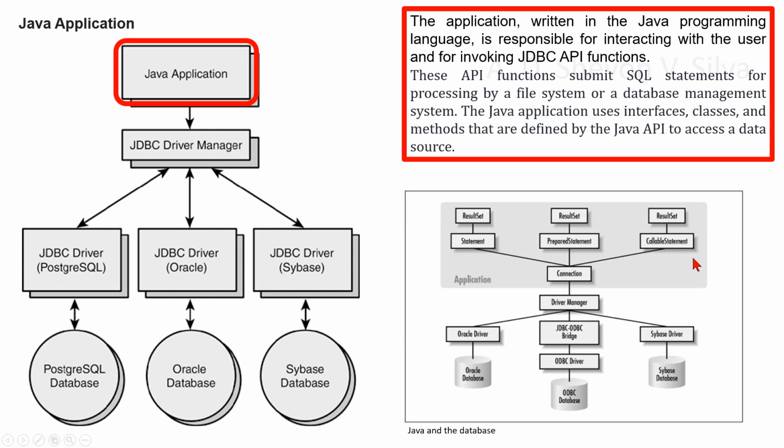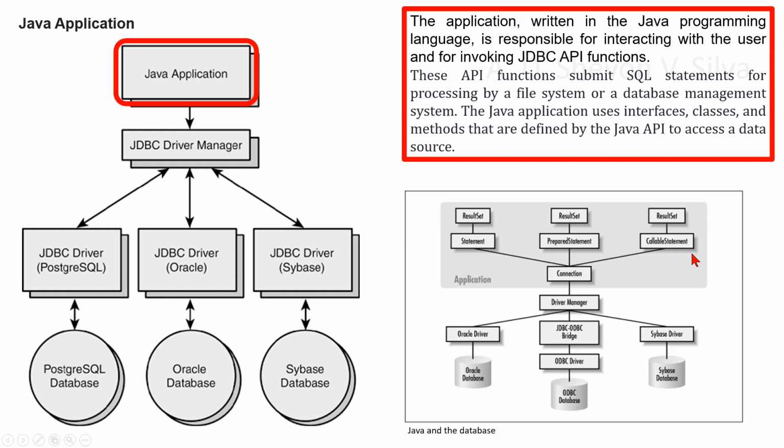Interface CallableStatement: the interface used to execute SQL stored procedures. The JDBC API provides a stored procedure SQL escape syntax that allows stored procedures to be called in a standard way for all RDBMSs. This escape syntax has one form that includes a result parameter and one that does not.